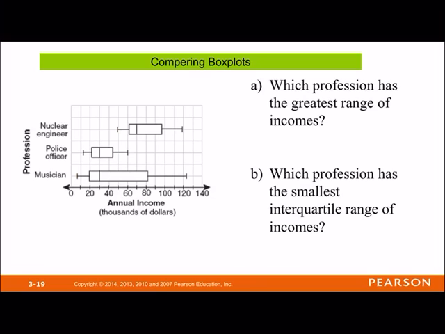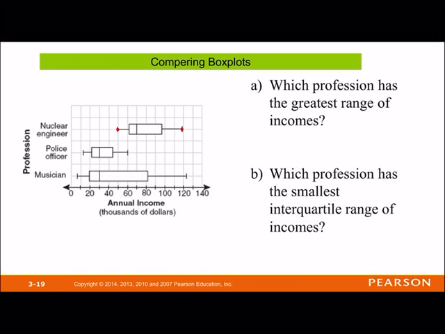Okay, and then we want to talk about which profession has the greatest range of incomes. So again, range is the highest data value minus the lowest data value. But you should be able to figure this out without even doing any of the math. Could you technically find exactly what the range is? Sure.